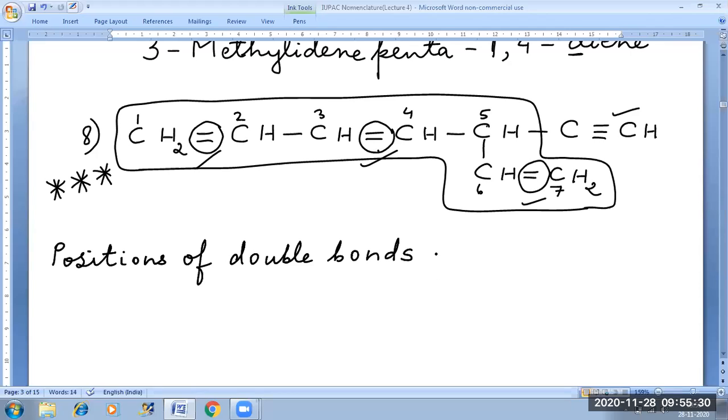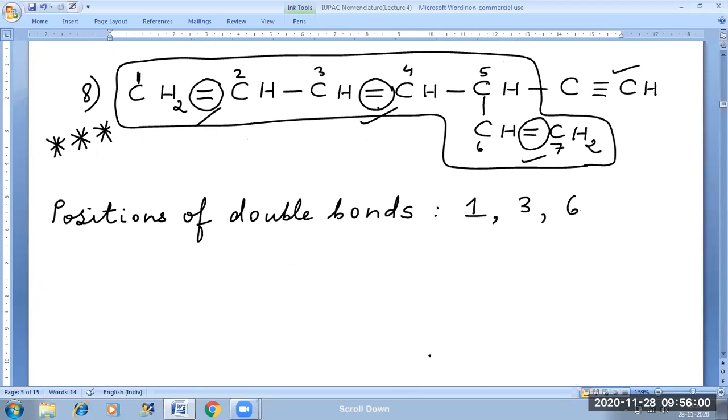Positions of double bonds in this way will be what? 1. Why? Because this one is 1, comma 3, this third carbon atom. So 1, 3, 6. This will be the positions of double bonds in case I number from this end, that is, from the left hand side.